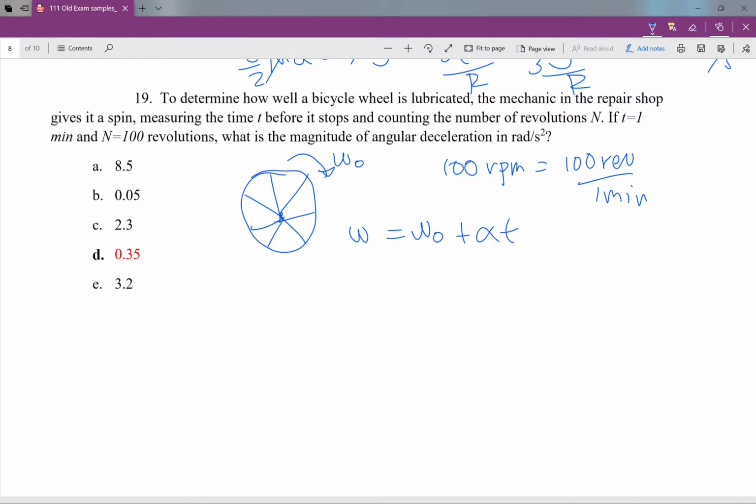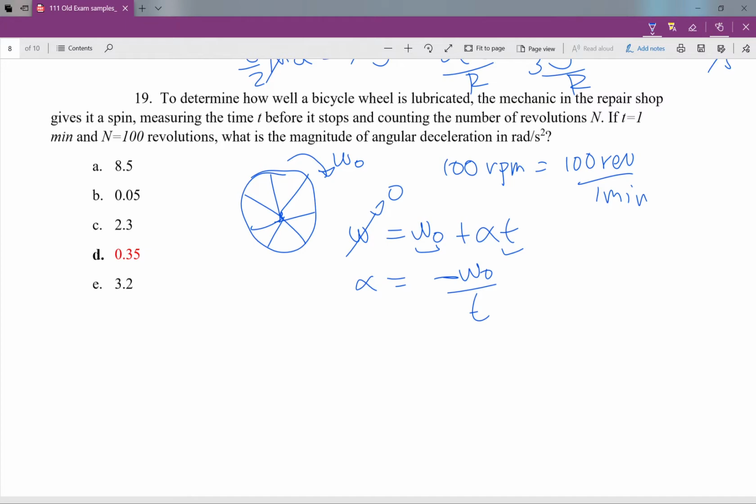We're trying to look for alpha. We know the final angular velocity will be 0, since it will stop at some point. We know t, we know omega 0, so alpha will be negative omega 0 divided by the time.